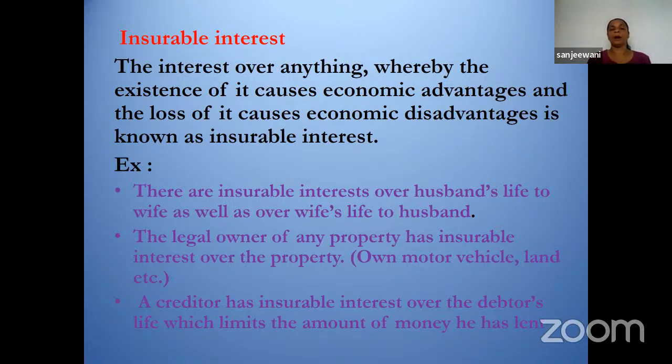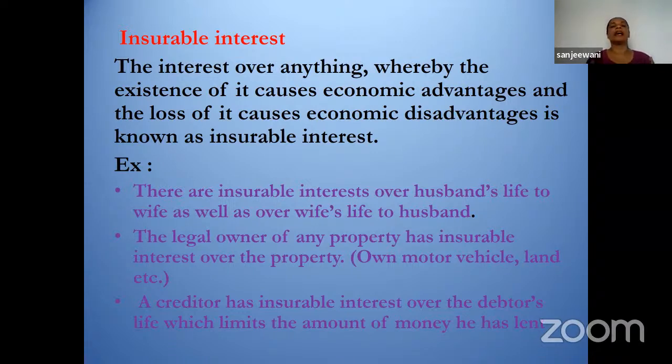Now some examples that I have given here. There is insurable interest over the husband's life to the wife as well as over the wife's life to the husband. The legal owner of any property has insurable interest over the property, and the creditor has insurable interest over the debtor's life.